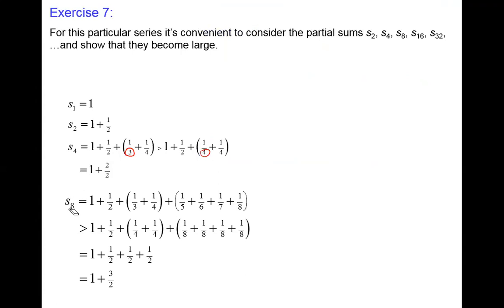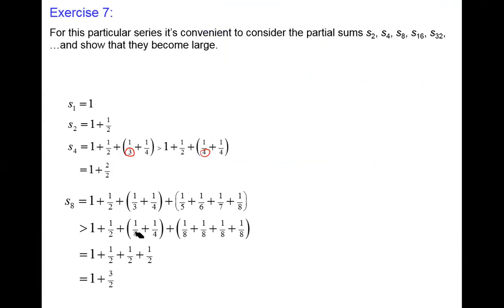Let's look at S sub 8: 1 plus 1/2 plus 1/3, 1/4, 5, 6, 7, 8. And I'm doing the same. I'm creating a sum that is easy for me to find the pattern, but it's different, and it's actually smaller because 3 becomes 4 and all of these numbers become 8.